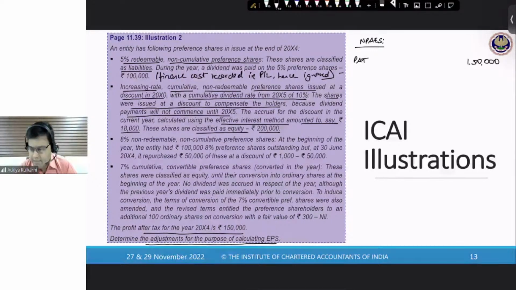Kaushiki is nowhere to be seen today. $18,000, I got an answer. 18,000 already adjusted. 2 lakhs to be deducted from net profit after tax.